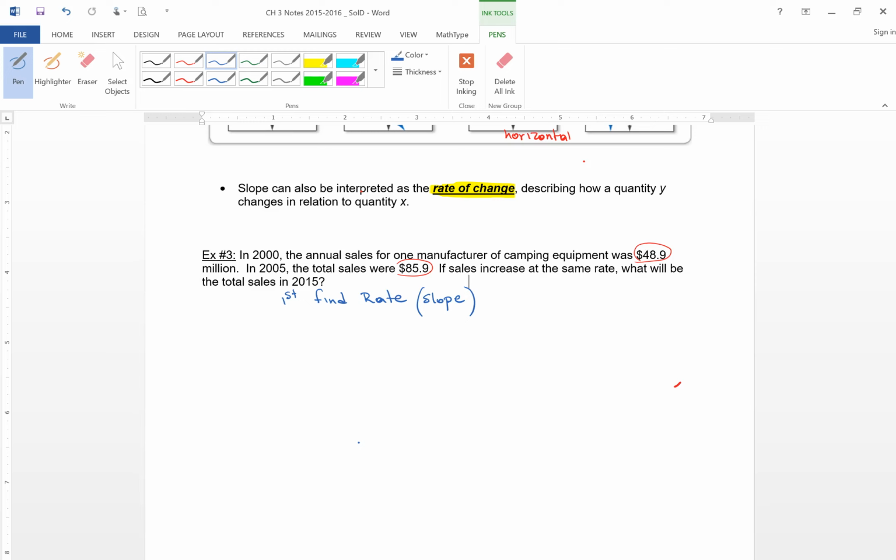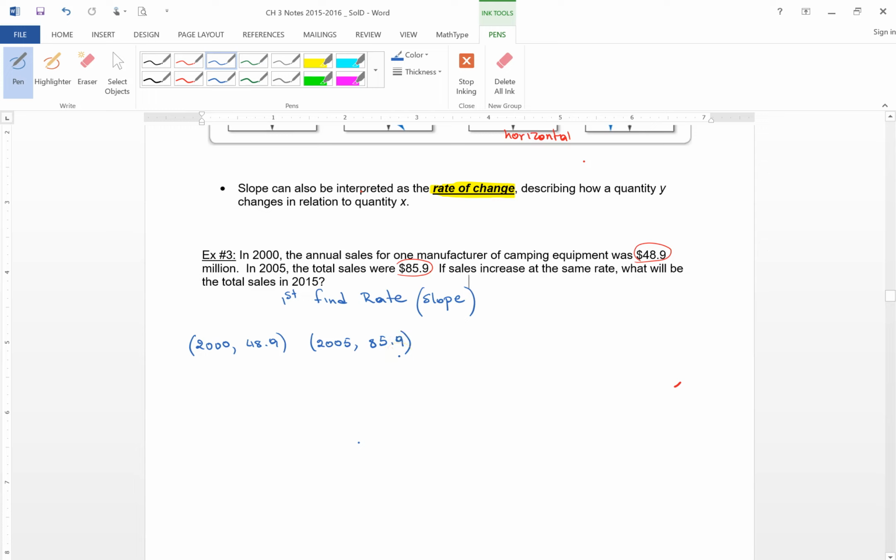Okay. So, in the beginning, it's 2000, and the sales is 48.9 million. Okay? Towards the end, it's then 2005, and the sales is 85.9.